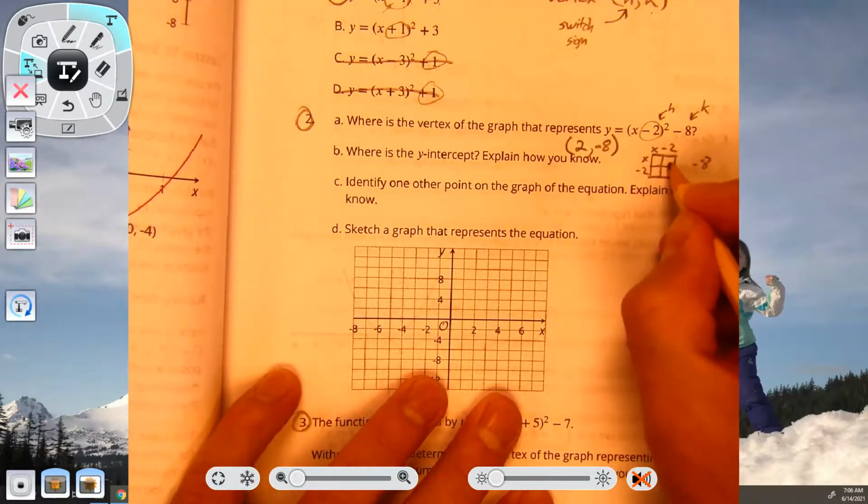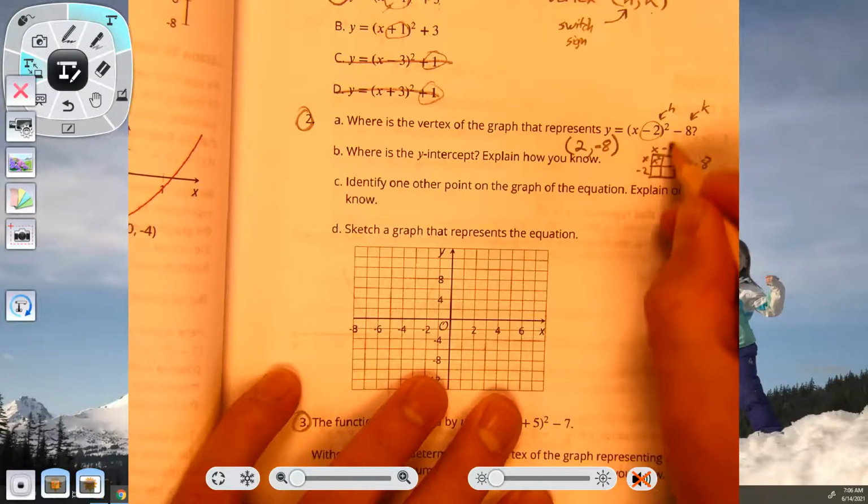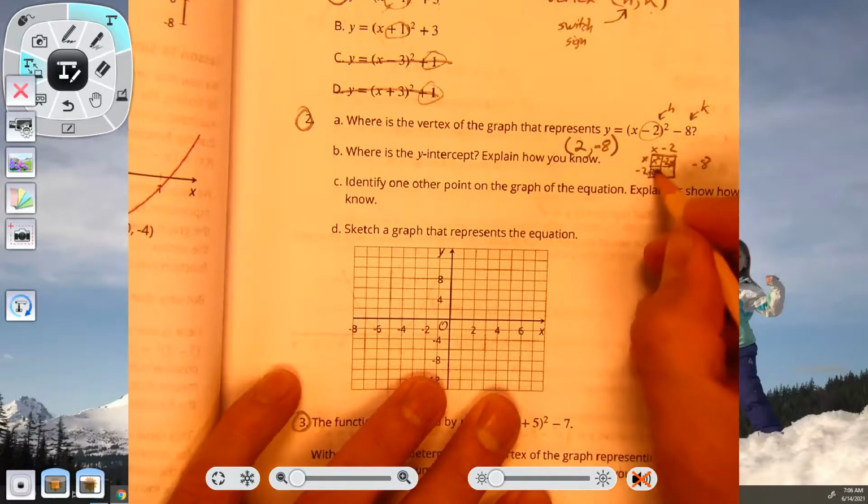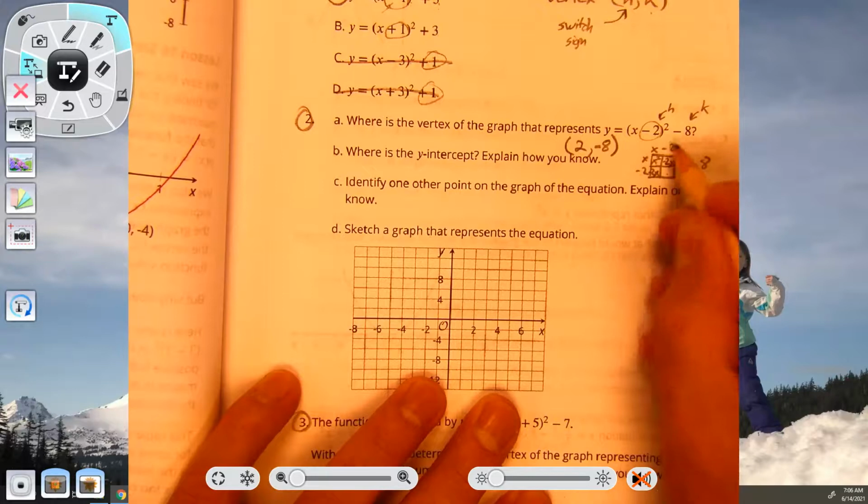Let's go ahead and make our terms. x times x is x squared. x times -2 is -2x. -2 times x is -2x. And -2 times -2 is +4.